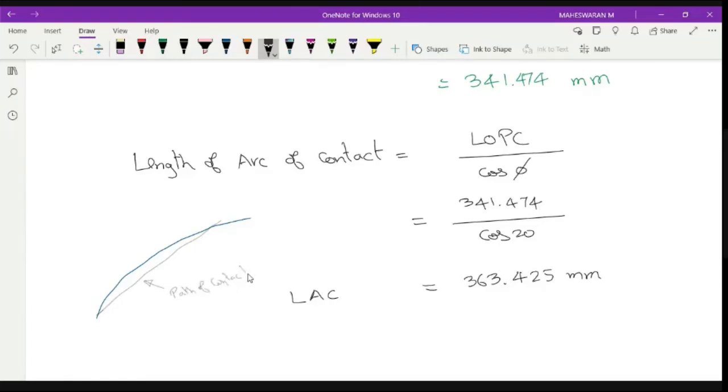But actually, when there is a mesh and when you look at the point traced on that particular contact, it's an arc, right? So you are approximating to a line. Since the line is lesser when compared to this arc, the arc has a higher value.